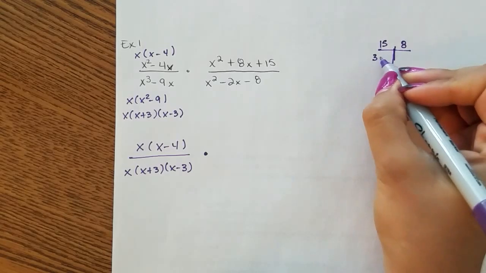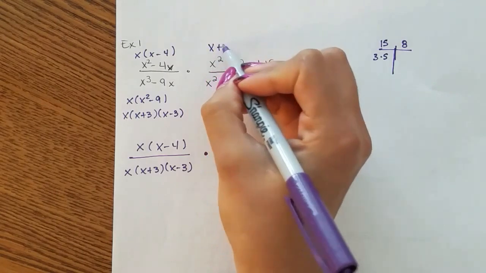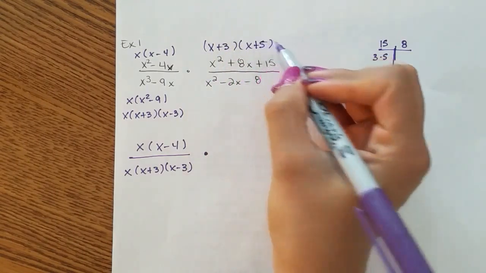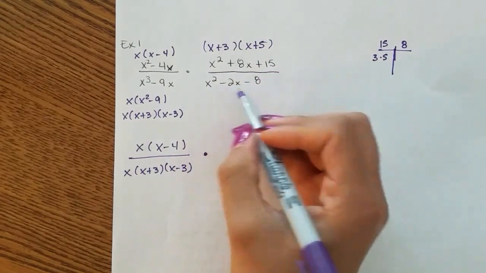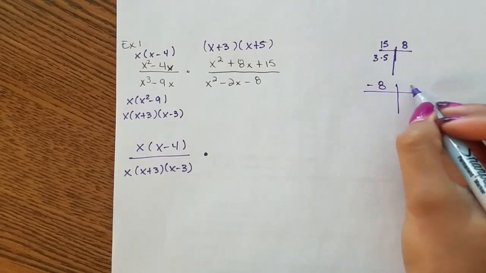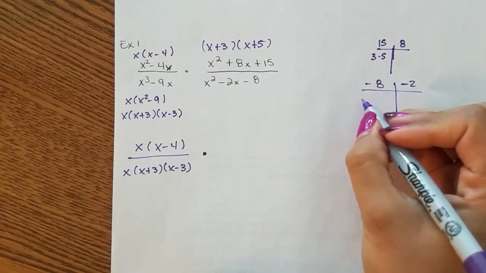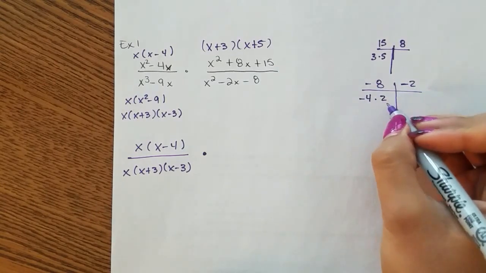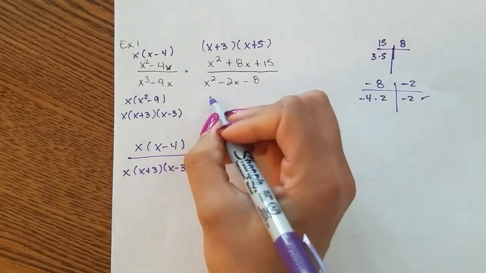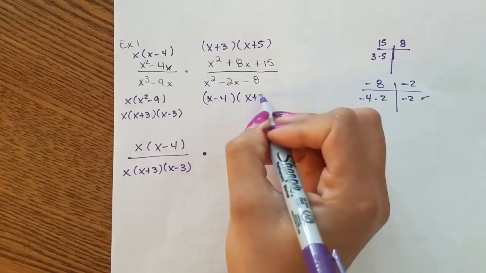That's going to be 3 times 5, which gives me x plus 3 here, x plus 5 here. The same thing here, no GCF, so I'm looking for the factors of negative 8 that sum to negative 2. That's going to give me negative 4 times positive 2. Negative 4 plus 2 is negative 2. So that's going to give me x minus 4 here and x plus 2 here.